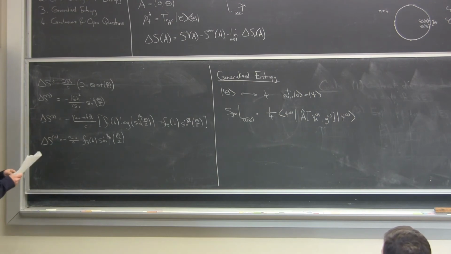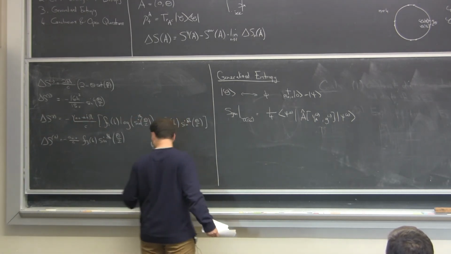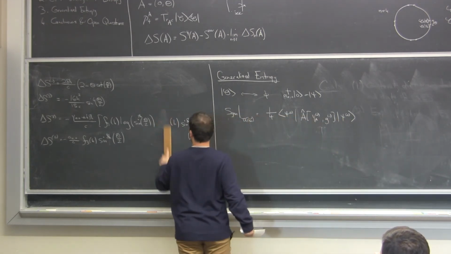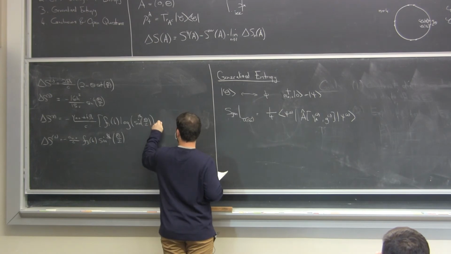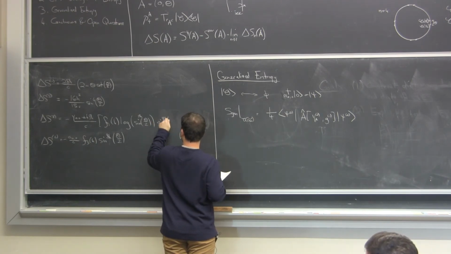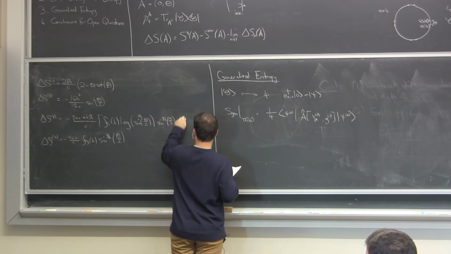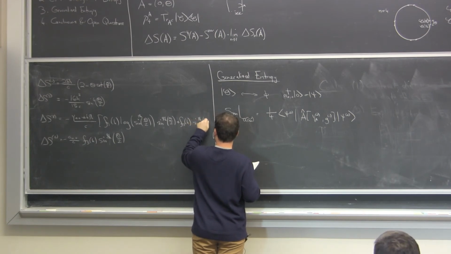Let's see, did I miss... oh, actually, you know what? I think I have a typo. There should be a sine theta term here. That's what's going on. I wrote something wrong here. Thank you. Yeah, there should be a sine to the 8H here.